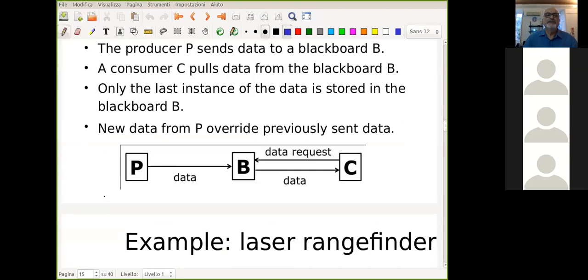So a blackboard is black or white, it doesn't matter. The traditional term is blackboard, but maybe a whiteboard. So a common board, or a sort of manifest advertising thing, in which data are posted and potentially everybody can read the data.